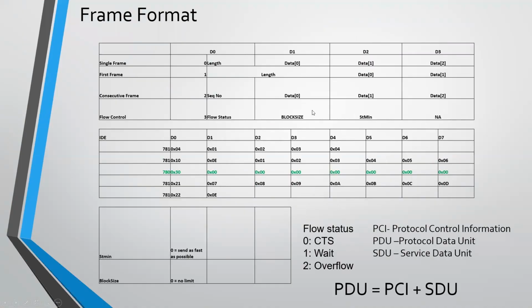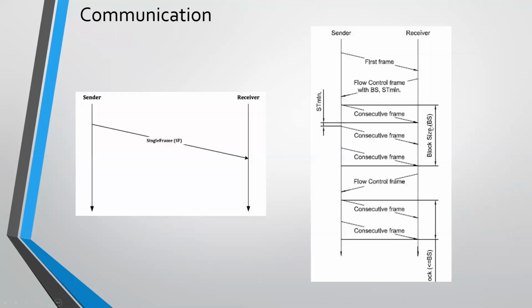We have talked about the block size, and next is the ST-min. ST-min is the minimum time between the consecutive frame acknowledged and the next consecutive frame to be sent. So when the sender has sent a consecutive frame, how much time the sender should wait before sending the next consecutive frame is ST-min.